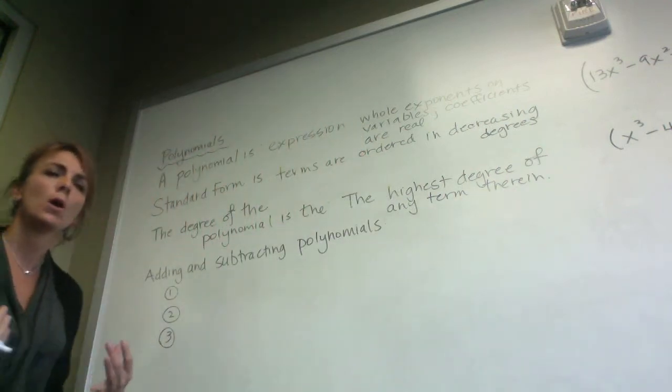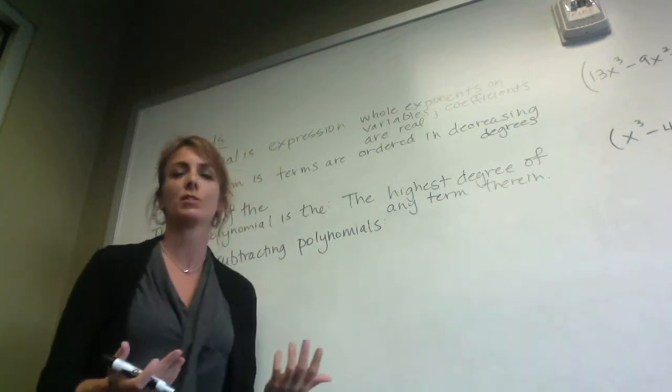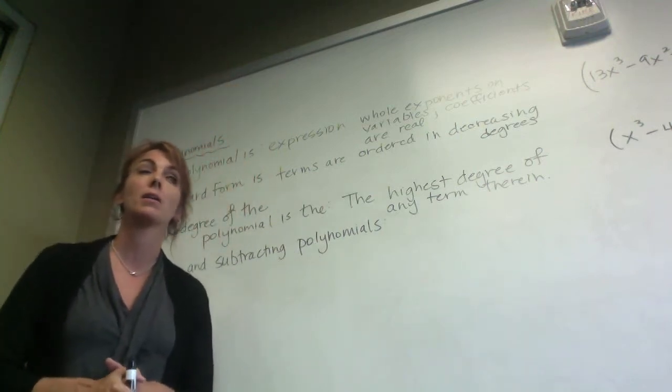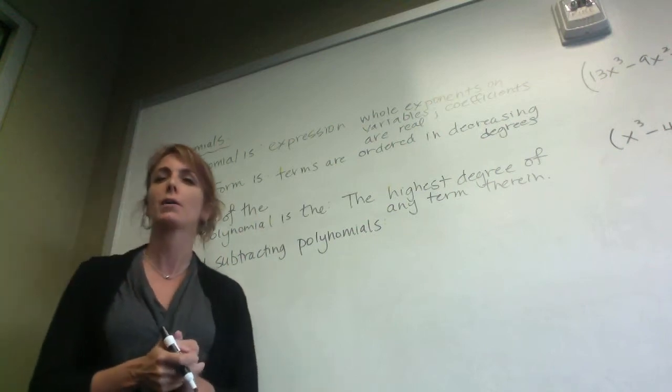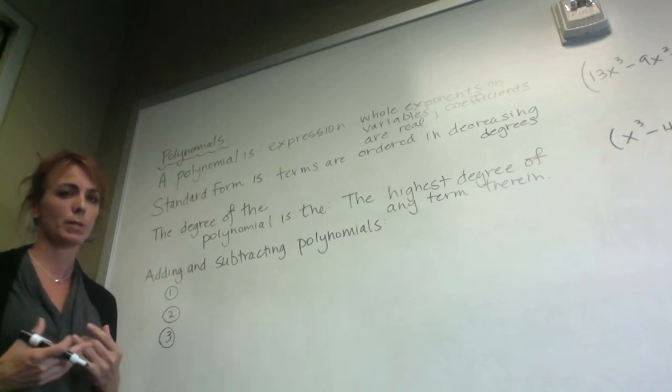Okay, so the first task that you're going to have to do with polynomials will be operations: adding, subtracting, multiplying, and we're probably not going to divide quite yet. But when you are adding and subtracting polynomials, there's really three steps.